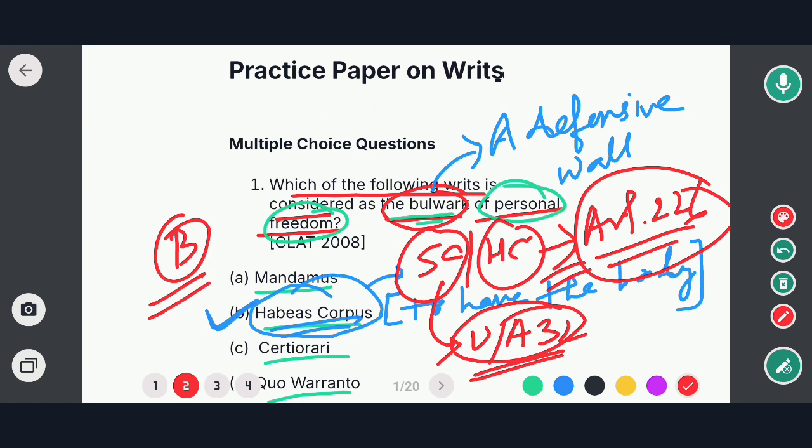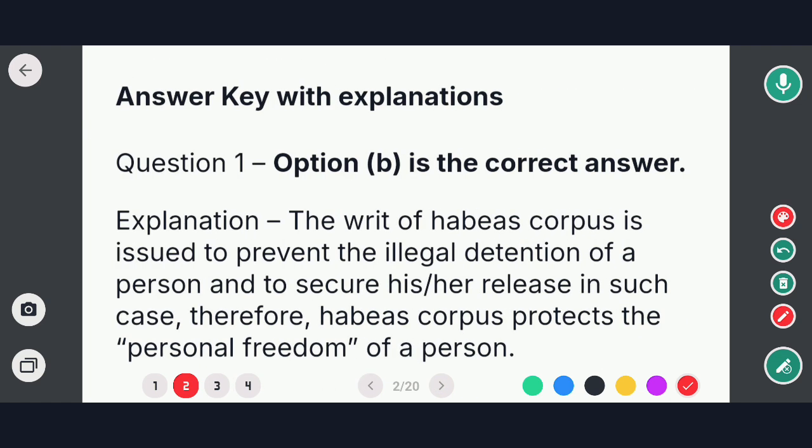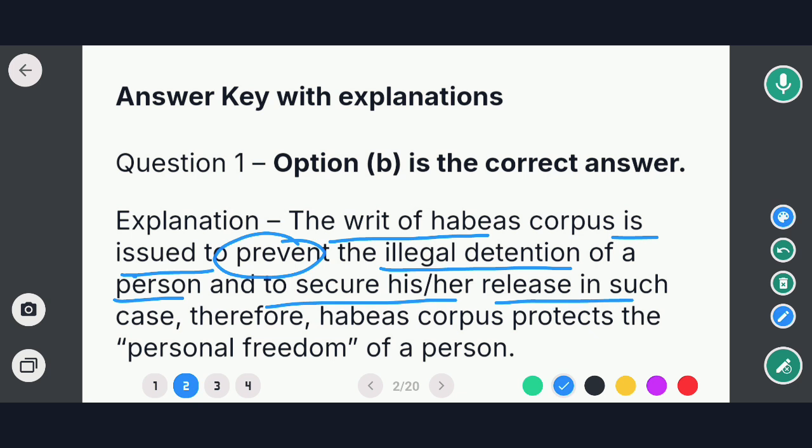Now the explanation for better understanding. The writ of habeas corpus is issued to prevent the illegal detention of a person and to secure his or her release. Therefore, habeas corpus protects the personal freedom of the person.